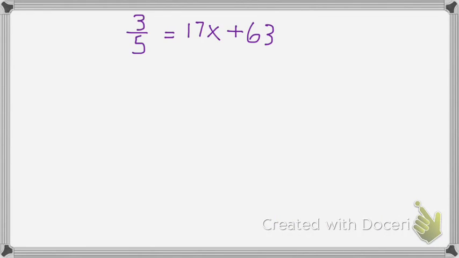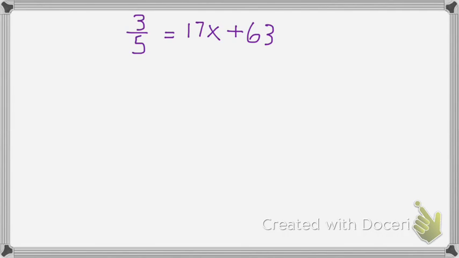Okay, and we know from lesson 7 this is going to have a unique solution, but it does look a little messy. So, next step, I'm going to subtract the 63 because we want to get the 17x by itself.